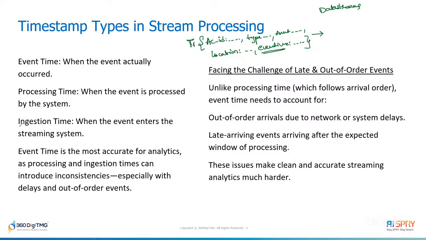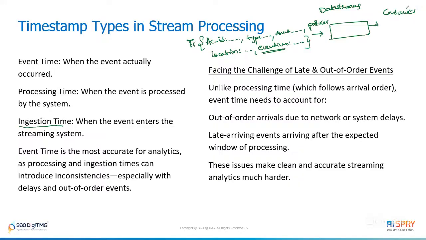That is ingestion time, when the event enters the streaming system. These days, streaming systems provide very high throughput. In less than a millisecond, they deliver data from producers, which ingest data, to consumers. So streams collect data from producers and deliver to consumers.